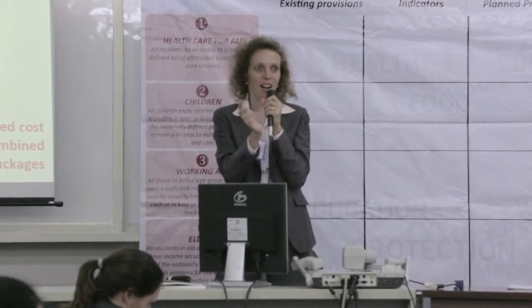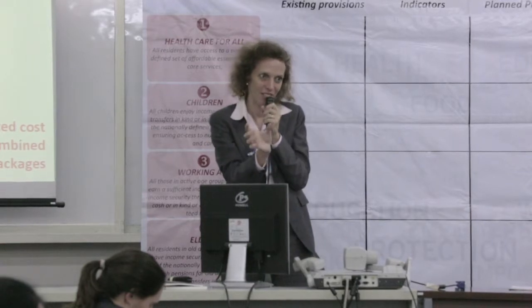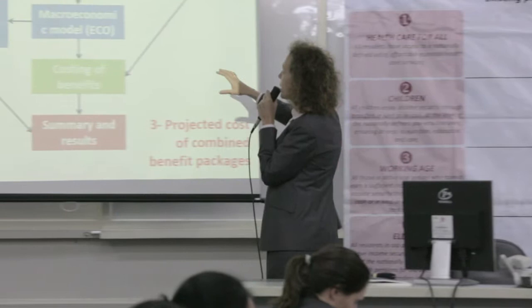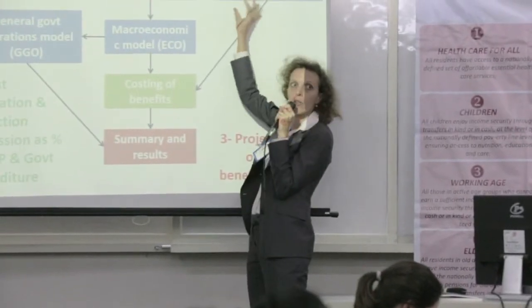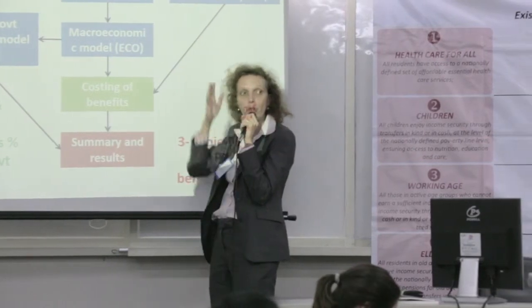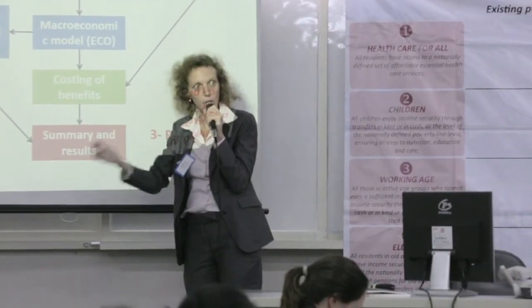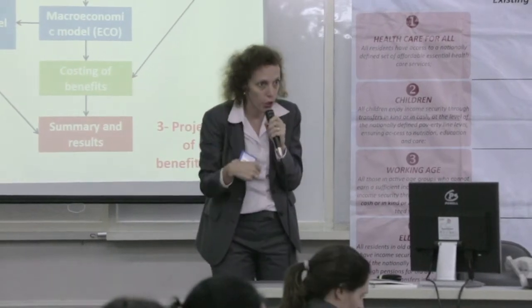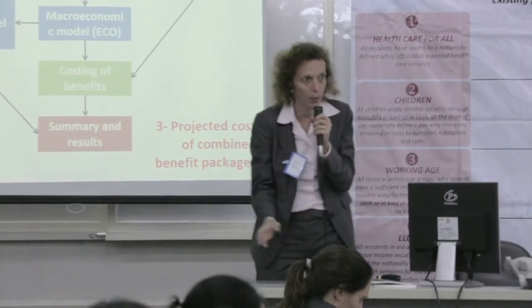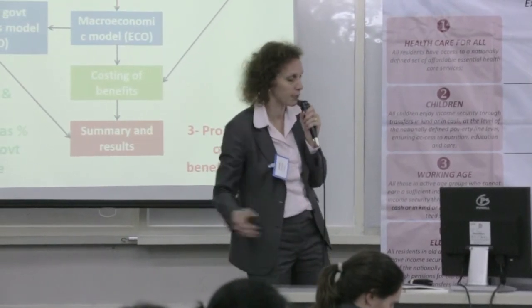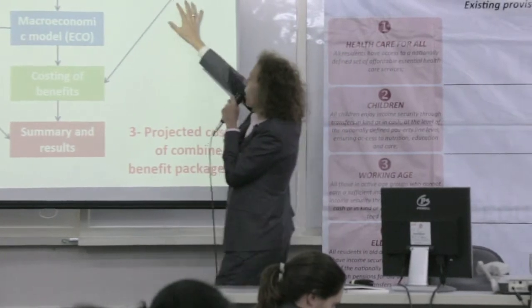You have it by group of age, from 0 to 5 or 0 to 4, etc. So here you really need to work on this population sheet first. And then to project this population over the years, because you don't want only to know how much it's going to cost today, but you want to know how much it's going to cost in the coming years. So this is what you have to do.